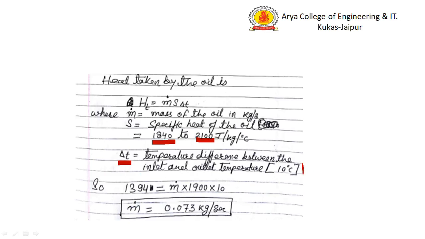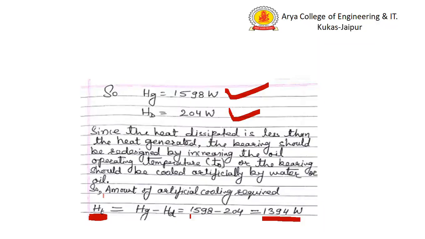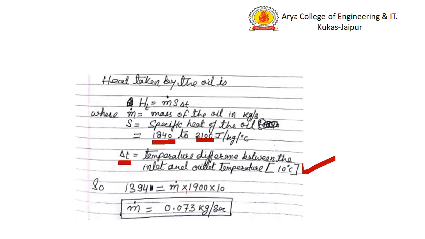Generally we can take this value as 10 degrees centigrade. So the cooling required is 1394 watt. So 1394 is equal to m dot times 1900, this value of S we take as 1900, times delta T of 10 degrees centigrade. So m dot comes to 0.073 kilogram per second. m dot is the mass flow rate of the oil for the cooling required.